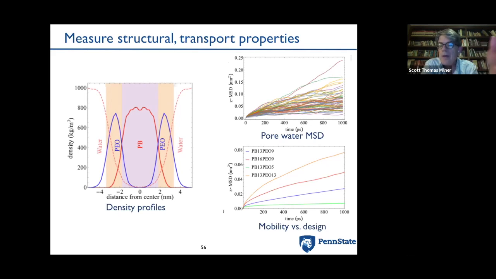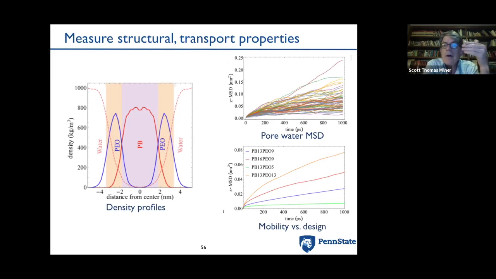But now we have a multi-component system, and so we can look at the density of the different pieces. And to study the mobility of the water, to study how easily it could pass from one side of the pore to the other, one approach is to simply sit and watch it diffuse.